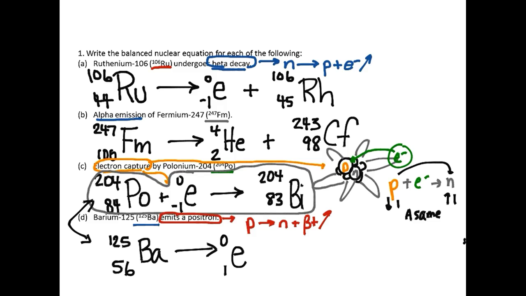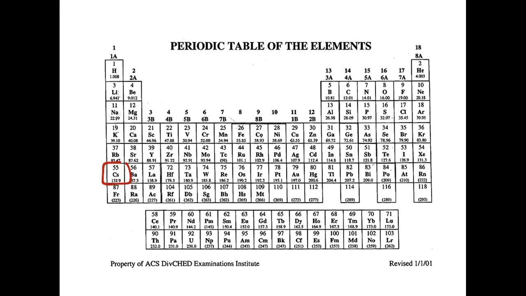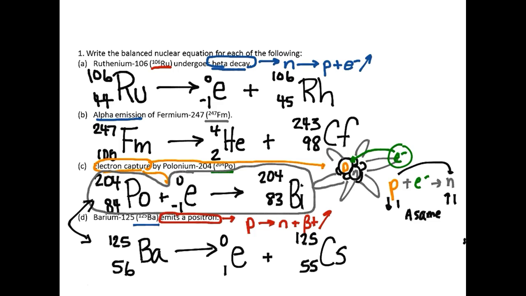If we write that symbol here, remember that these should add up on the right-hand side: 0 plus 125 equals 125, 1 plus 55 equals 56. The same is true here. We're converting a proton into a neutron, so the number of protons goes down by 1, the number of neutrons goes up by 1, so the total mass number stays the same. We need to look up element 55, which is an alkali metal. That's cesium. And this is the final answer.